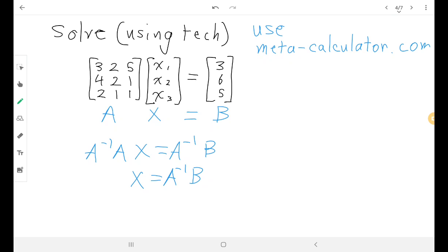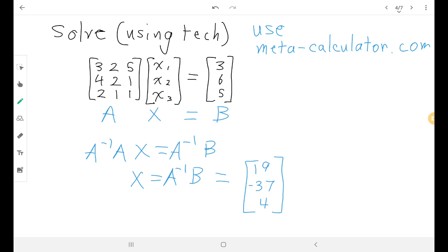And you will see that there are operations available to you, and one of those operations is A inverse times B, which is really nice. So you can just hit that button and it spits out an answer for you. So A inverse times B equals the 3 by 1 matrix, 19, negative 37, and 4.